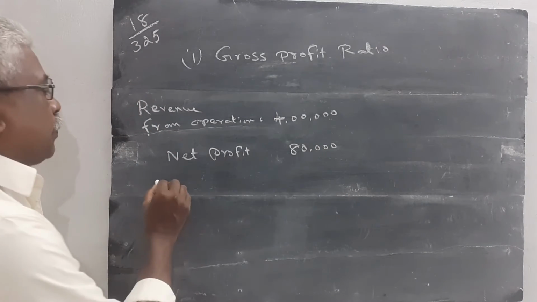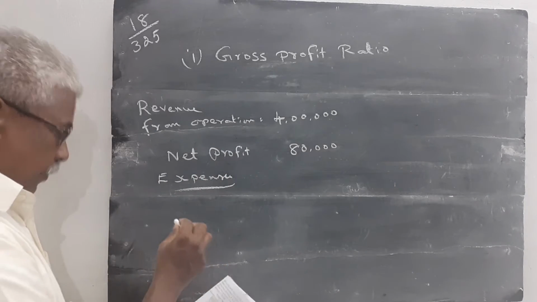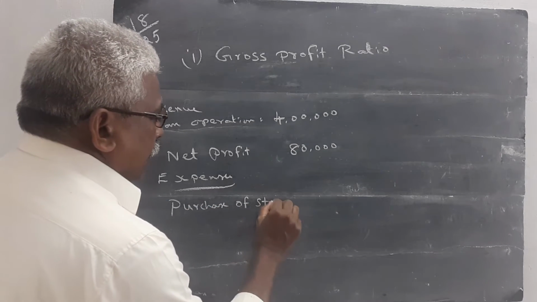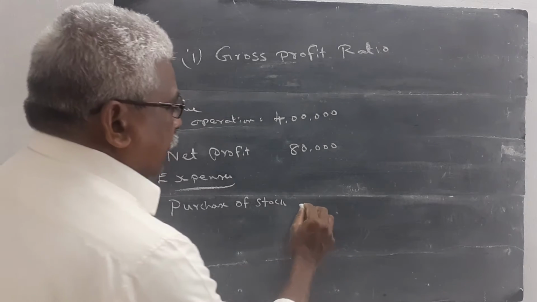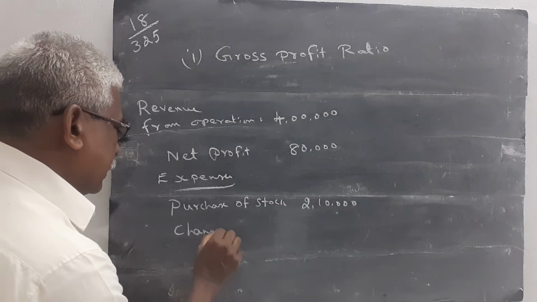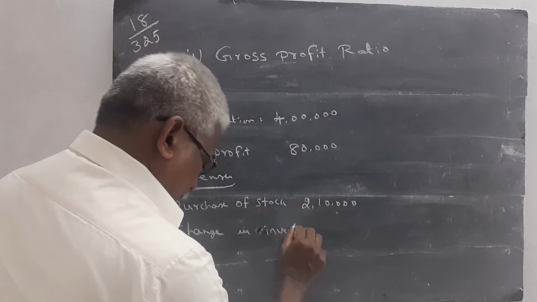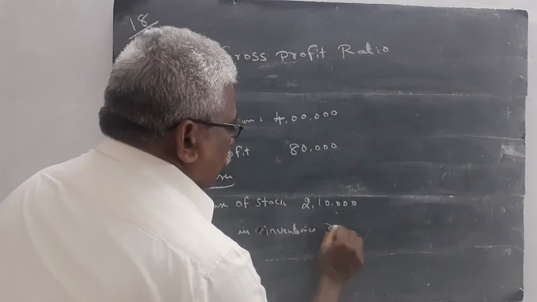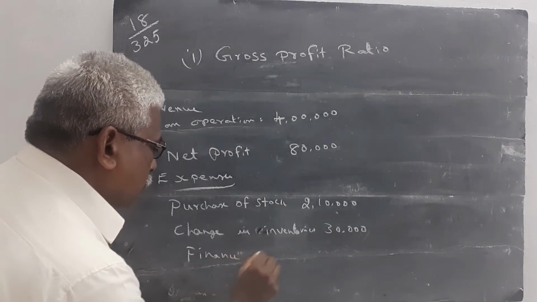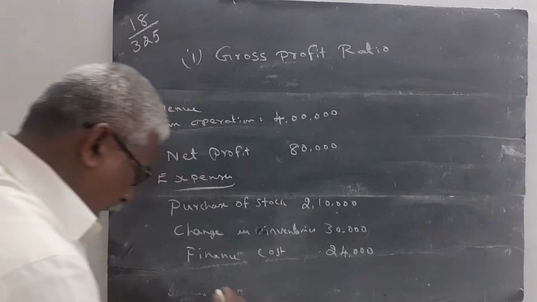Then expenses, 4 types of expenses are given. Purchase of stock in trade, rupees 2,10,000, change in inventories, rupees 30,000, finance cost, rupees 24,000, and other expenses.